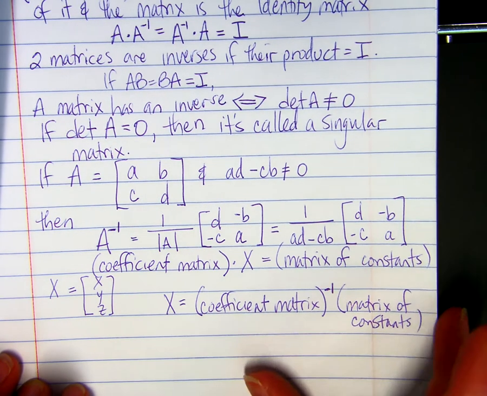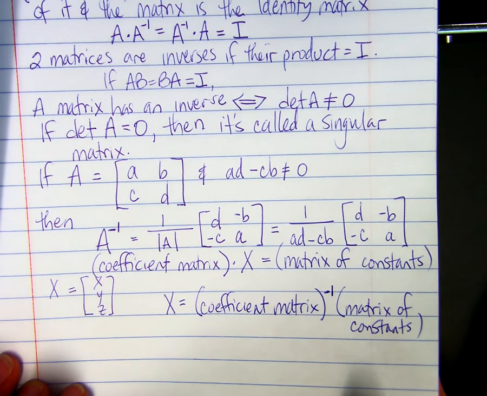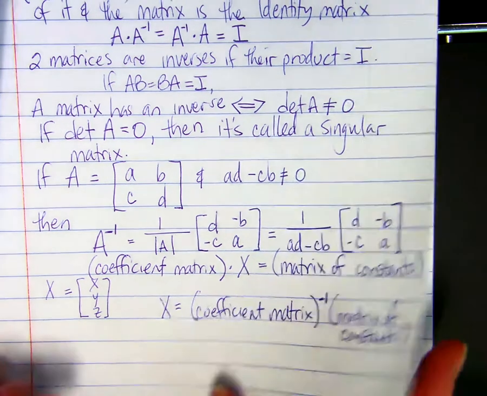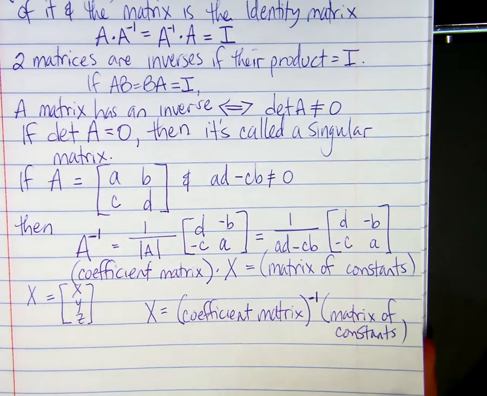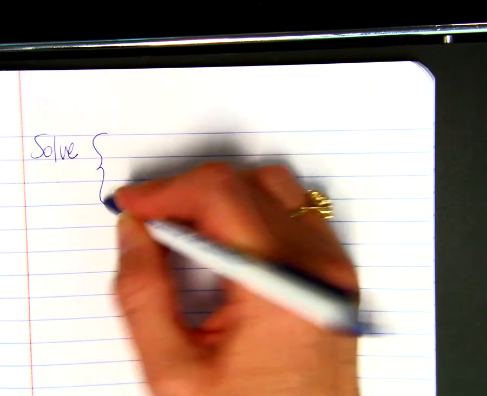I'm going to give you an example of a 3 equation, 3 unknown problem. Okay? So I'm turning the page right now. So example, solve this system of equations.